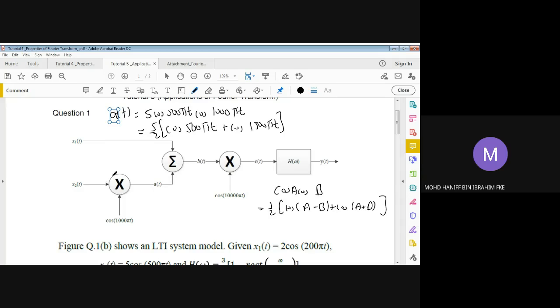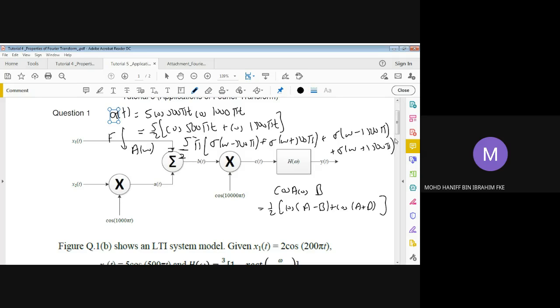Based on this, for the Fourier transform A(ω), you're going to write this as 5/2 times π, [δ(ω − 500π) + δ(ω + 500π) + δ(ω − 1500π) + δ(ω + 1500π)].